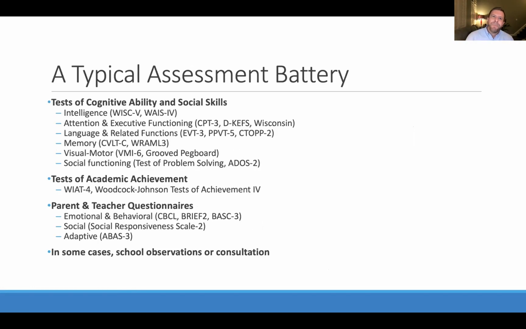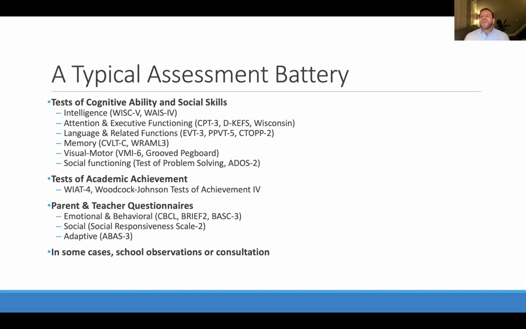So a typical assessment battery, and I would say we don't always see this in every neuropsychological evaluation out there, but at least in our practice, we feel that these are the core domains that an evaluation should look at. We should be looking at cognitive ability, with direct tests to look at things like language, attention, memory, visual motor skills, right?